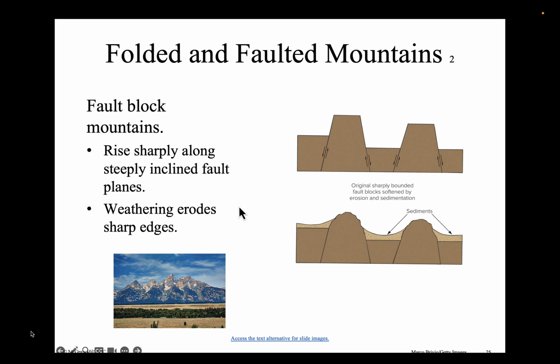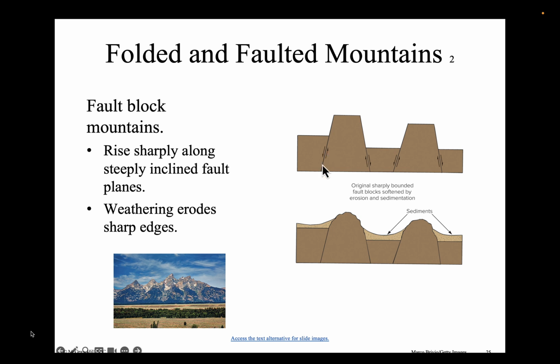So when faults occur, these faults will occur when there are compressional forces that shift a large amount of rock up or downward relative to one another. So you can see here that we have the fault planes, and when these blocks move either up or down relative to each other, that's what we call faults, right?